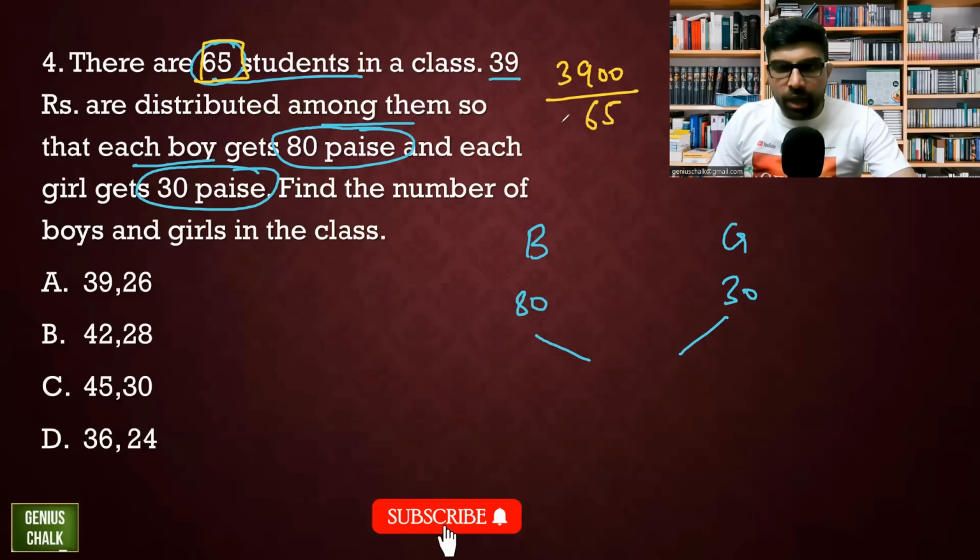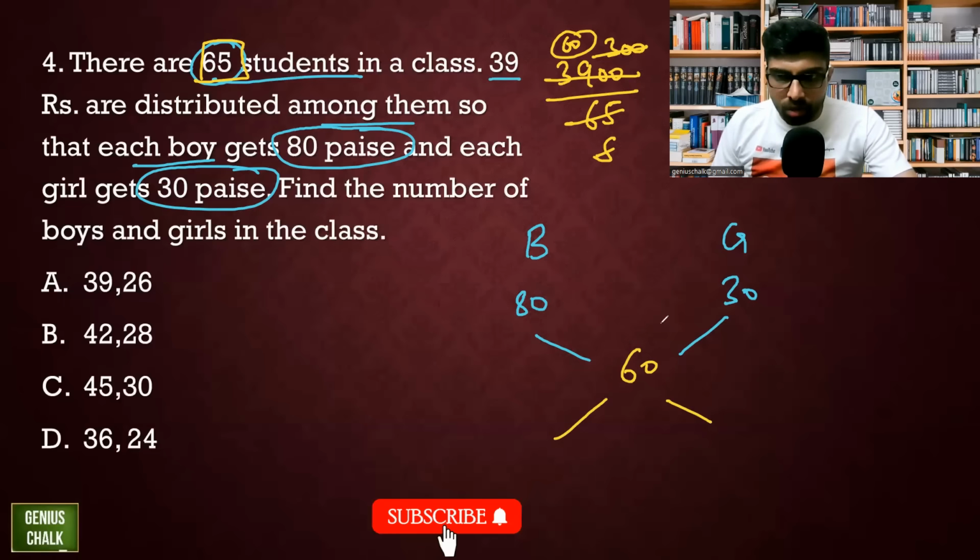Calculate it: 13 5s are 65, 13 3s are 39, and it is coming out to be 60. That means each student is getting 60 paise. Now you can apply alligation. 60 minus 30 is 30, and 80 minus 60 is 20. So the answer is 3:2.